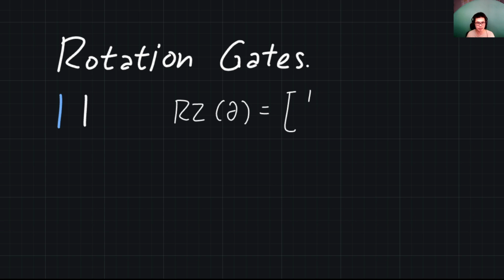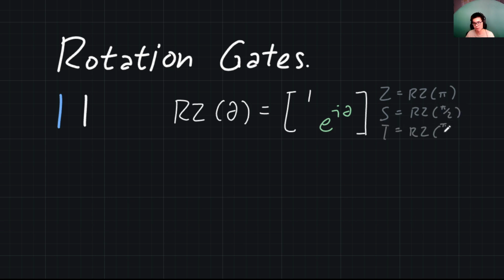It's 1, then we have e to the i theta. So we can say that the Z gate is RZ of pi. The S gate is RZ of half pi. The T gate is RZ of quarter pi.